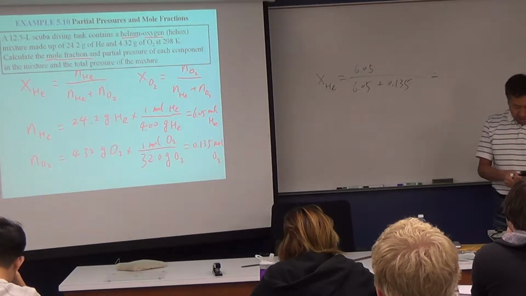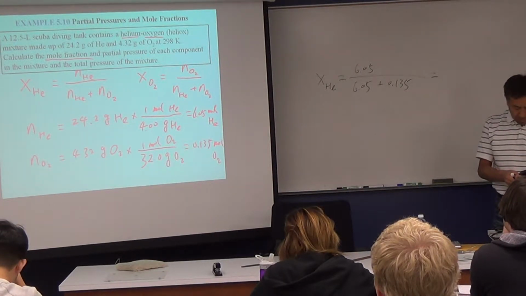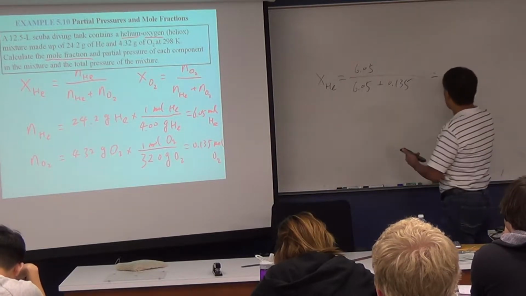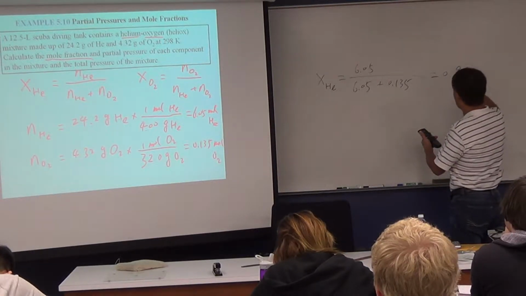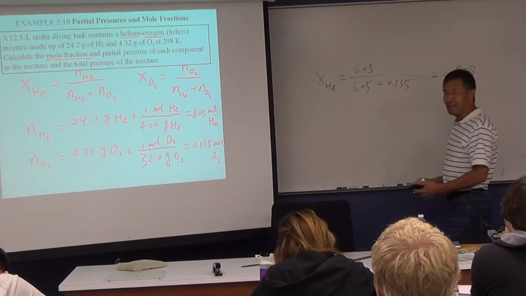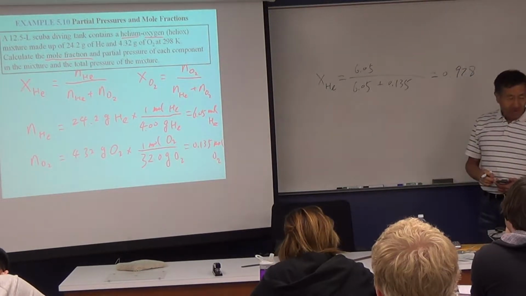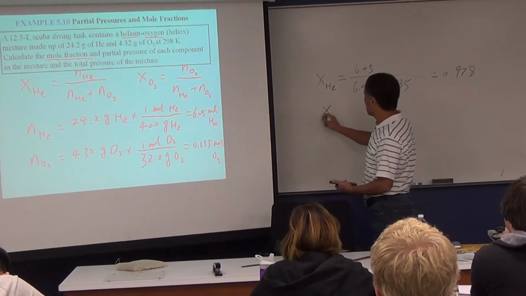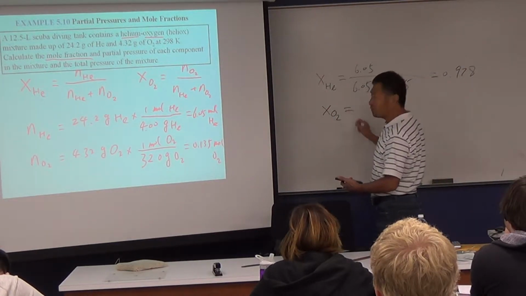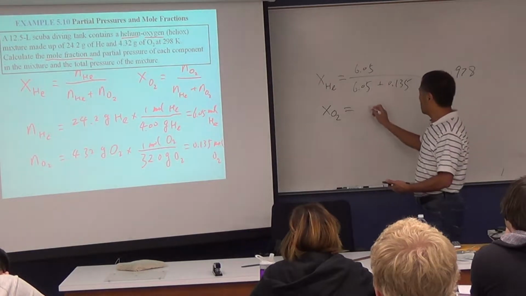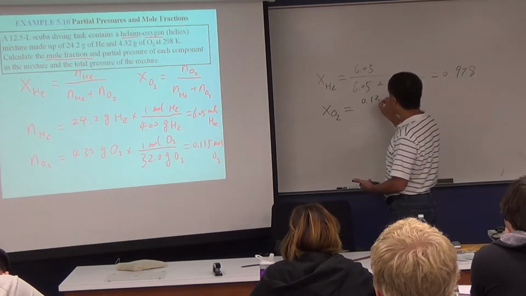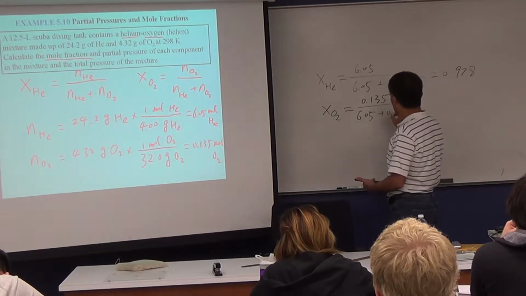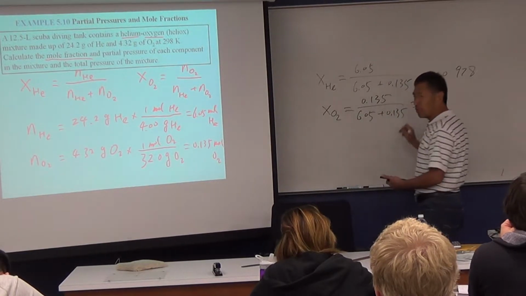6.05 divided by 6.05 plus 0.135, you get 0.978. Then I do the same calculation for the mole fraction of oxygen gas, just switching the numerator. The denominator is still the same, because the denominator represents the total moles.